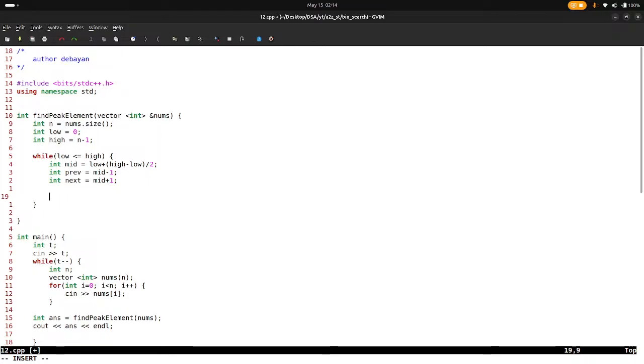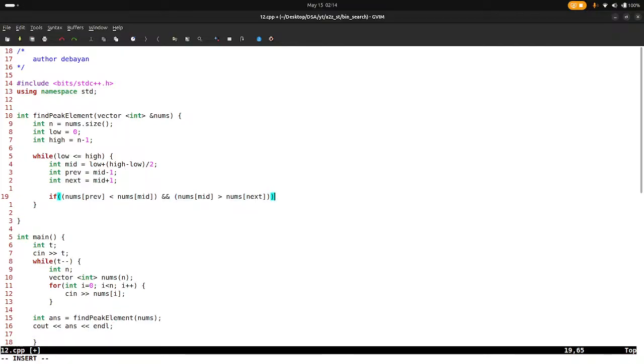What is the condition? The first condition is I have to check for the mid. So if nums of previous is less than, directly less than, it's not equals to, nums of mid, and nums of mid is greater than nums of next.